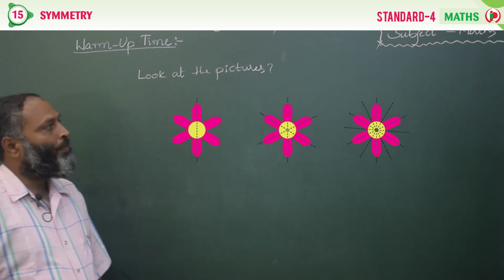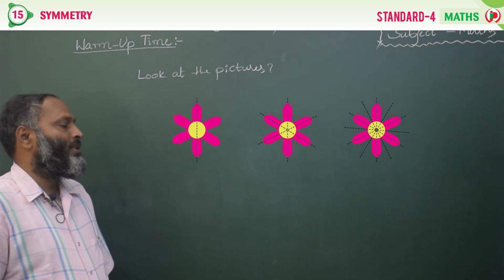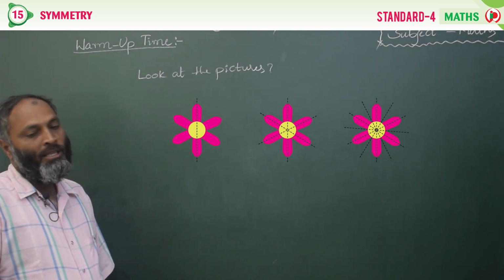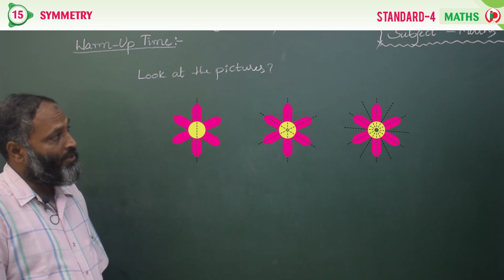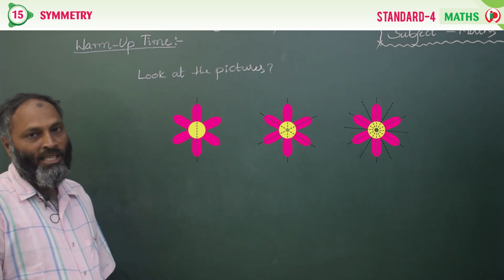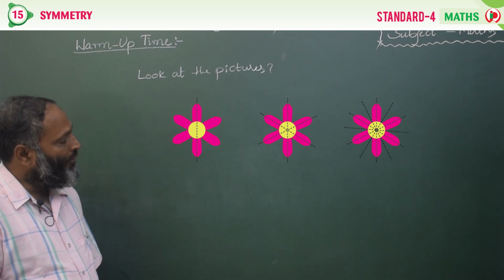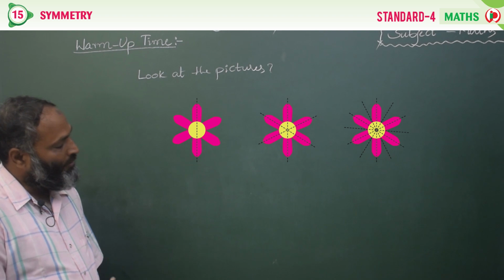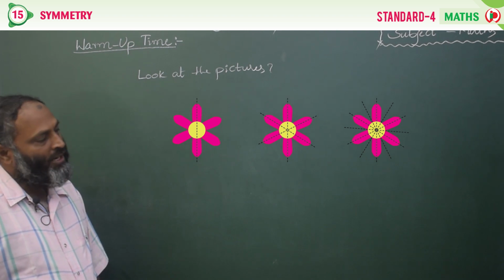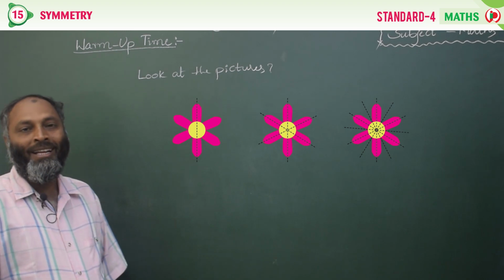Okay. Here in the picture, three flowers are given: first, second, third. In the first flower, observe carefully. One vertical line is drawn. If we fold along that vertical line, it divides the given figure into two identical shapes.